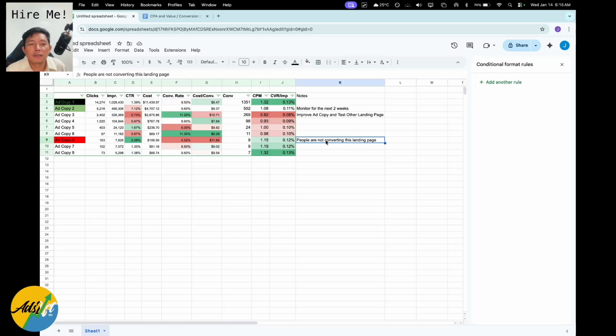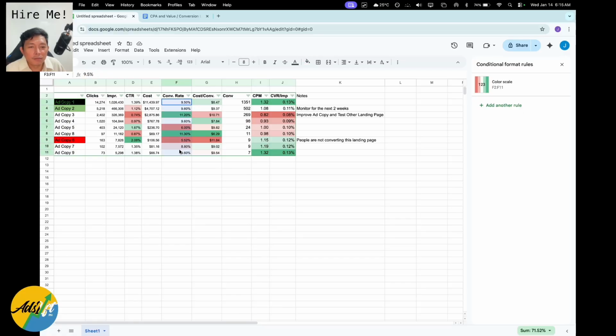So that tells us that the landing page is not efficient, so we need to change the landing page and make an A/B test out of that, because it shows us high CTR but low conversion rate.